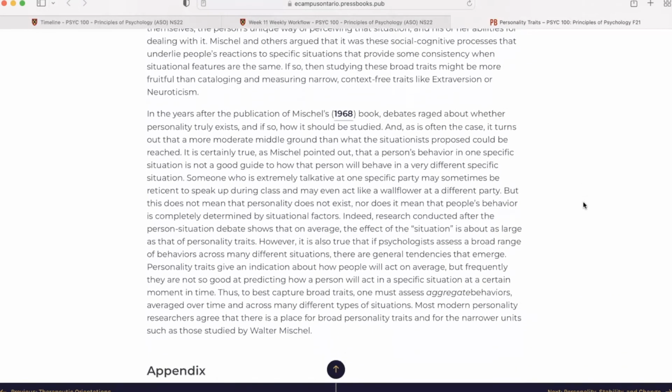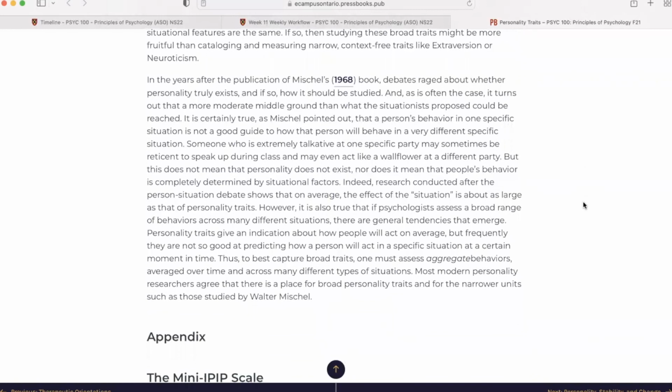It is certainly true, as Mischel pointed out, that a person's behavior in one specific situation is not a good guide to how that person will behave in a very different specific situation. Someone who's extremely talkative at one specific party may sometimes be reticent to speak up during class and may even act like a wallflower at a different party.